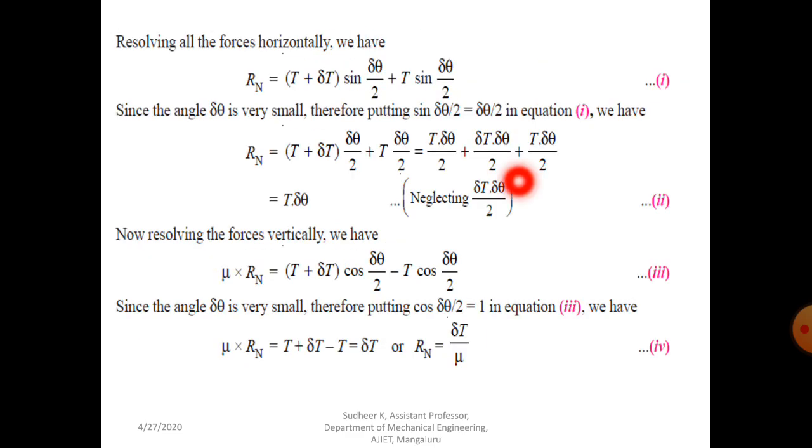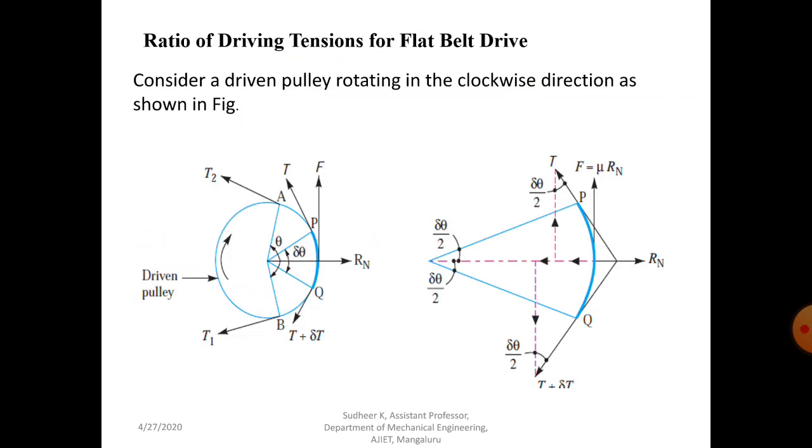Now you have to resolve all the forces for equilibrium condition. You have to resolve the four forces horizontally as well as vertically. First we have to resolve all the forces horizontally. How to resolve forces is very important here, so all of you look at this diagram.